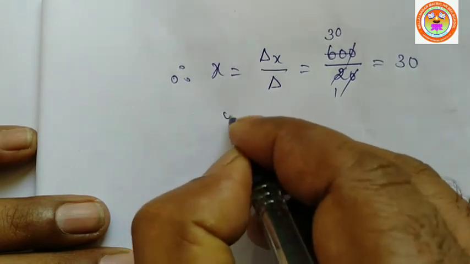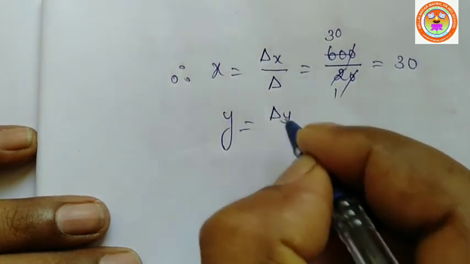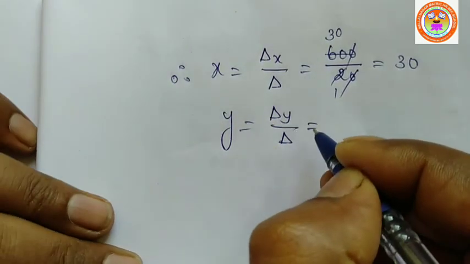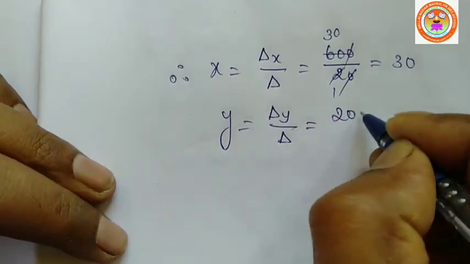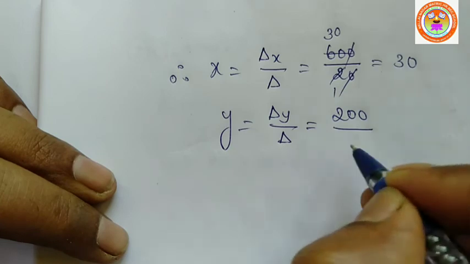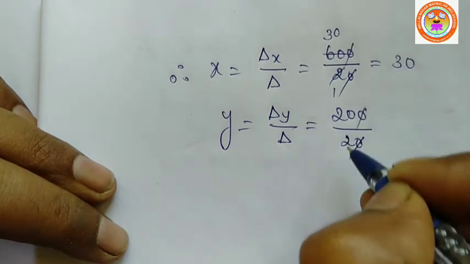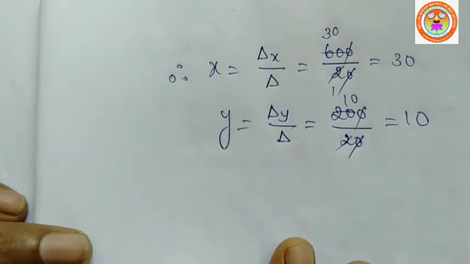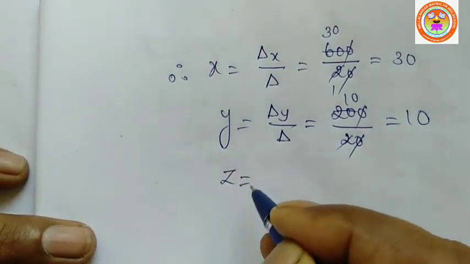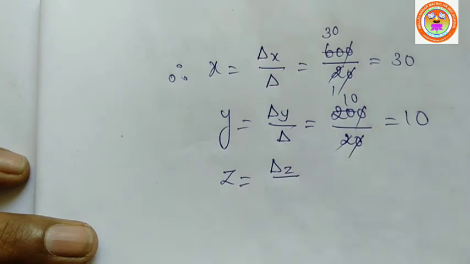The value of delta y is 200 by the value of delta, 20. 0, 0 cancel, 10. Now, z. Z means delta z by delta.